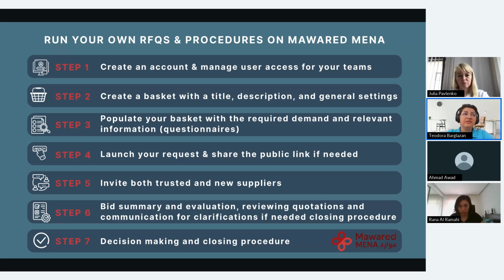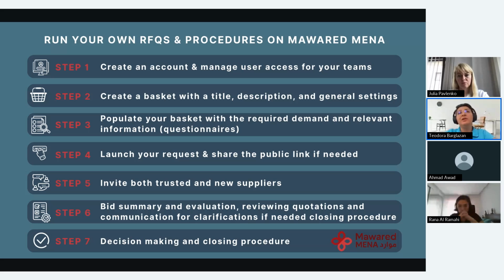Step six is about bid summary review capacity through the platform, and also running clarification Q&A sessions through the same platform, both commercially and technically. And ultimately, step seven is about the decision-making process.